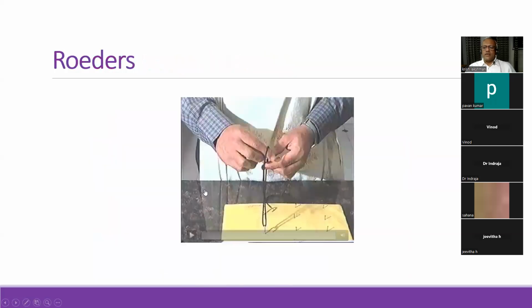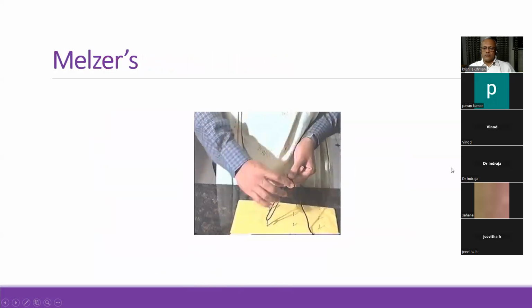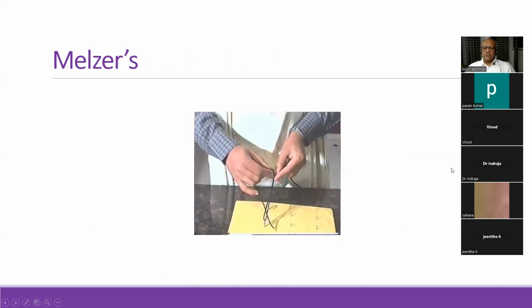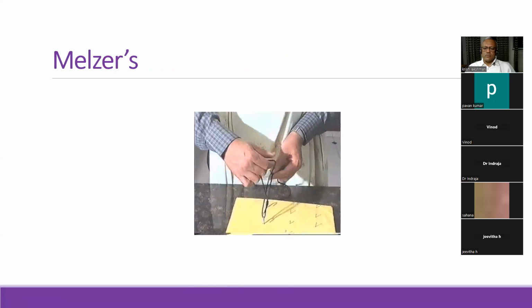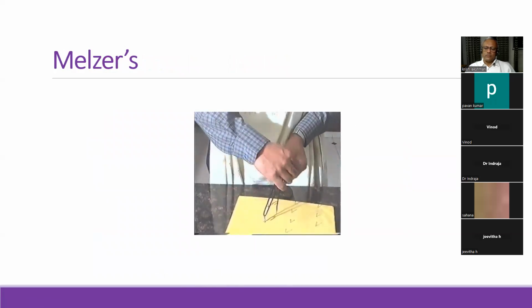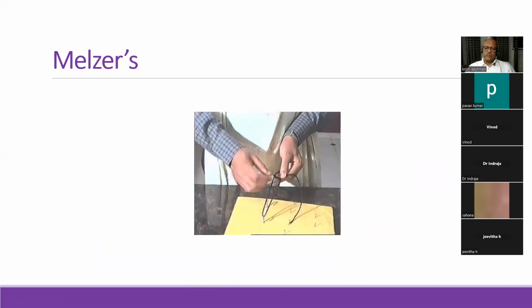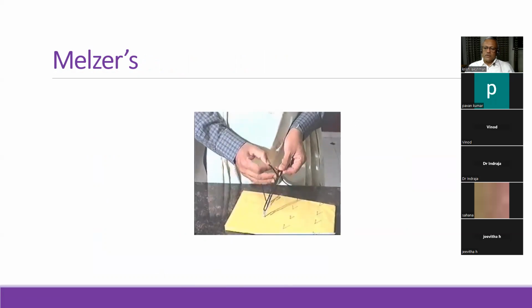So I'll take you through the steps of what we do. You have two throws there. Some people put only one throw for the initial thing. This is exactly like a surgical knot.